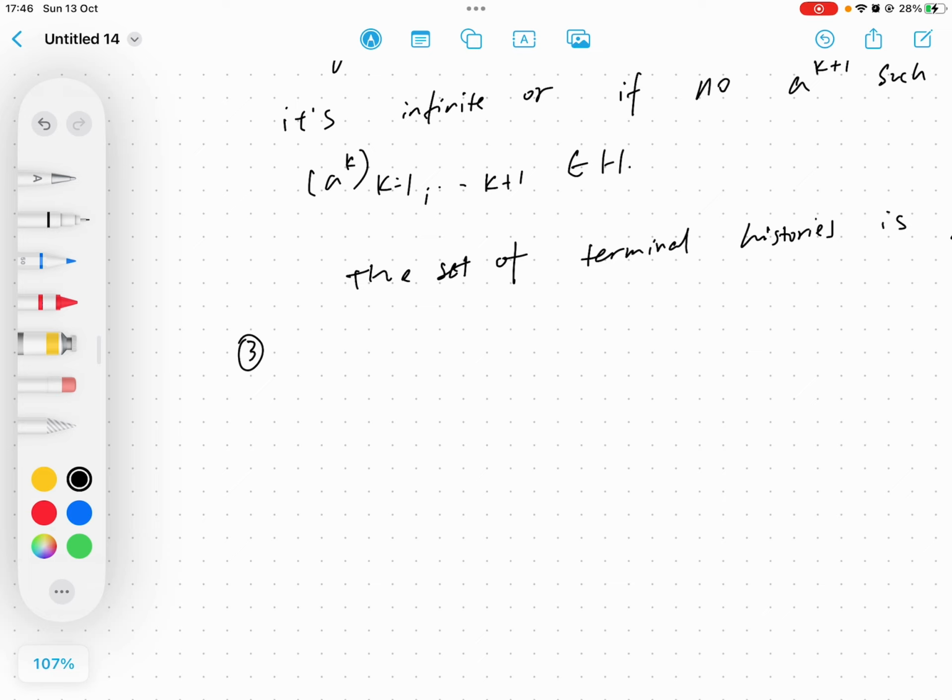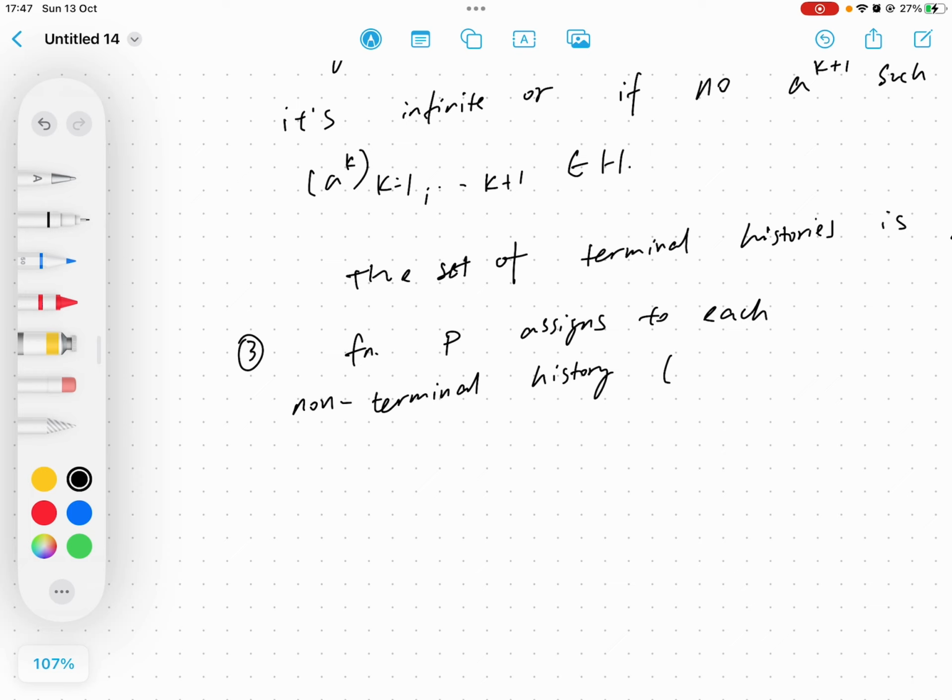So the third component is some function P. This is not a set, it's a function which assigns to each non-terminal history.